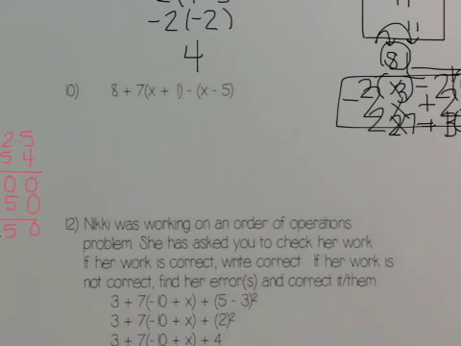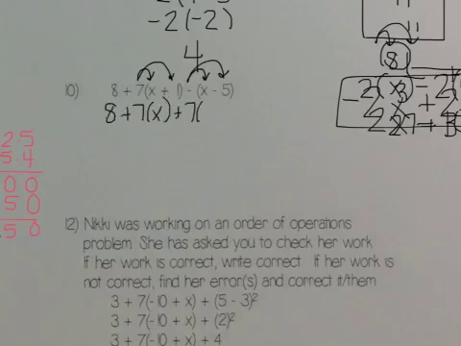On number 10, you want to make sure that you're seeing what you have to distribute with each of these. So we have an 8 outside, plus, now we have to distribute 7 times x, plus 7 times 1. Then we distribute our minus times our x, minus our minus times our 5.